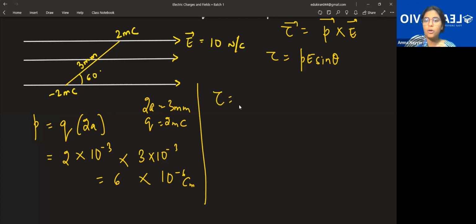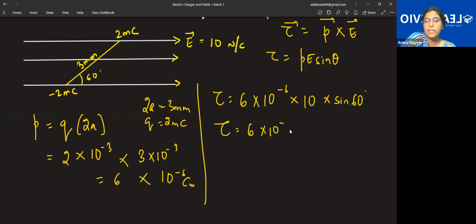So what would be the torque? Dipole moment is 6 into 10 to the power minus 6. Electric field is given as 10. And we have sine 60 degrees, which we'll write as root 3 by 2. So we'll have 6 into 10 to the power minus 6 into 10 into root 3 divided by 2.